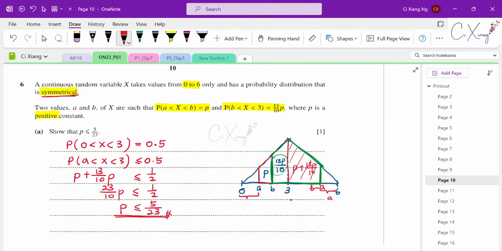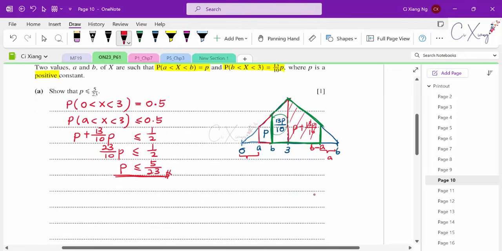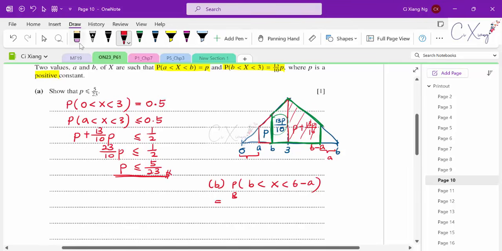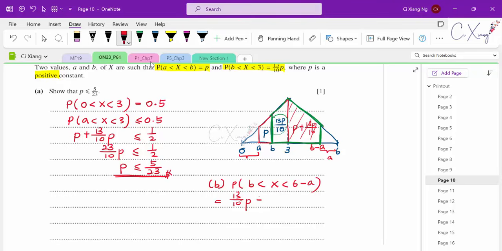Therefore, from B until 6 minus A, maybe I write my answer here for part B. To get the probability, you have to add 13 over 10P, then plus this area, that means the total of these two areas in front, so it should be P plus 13 over 10P.